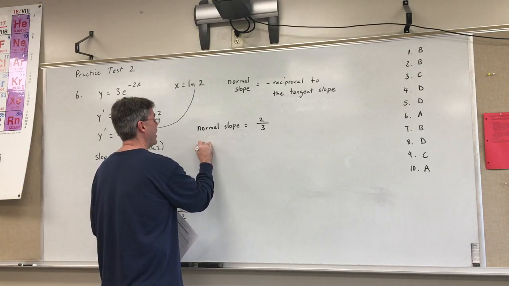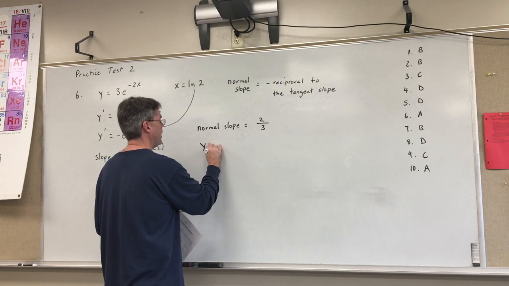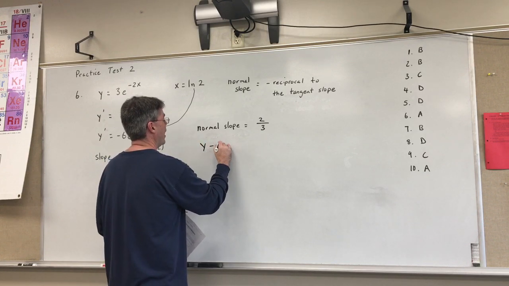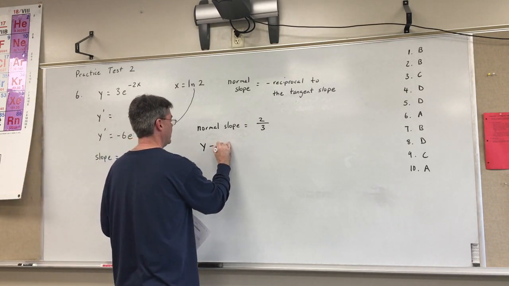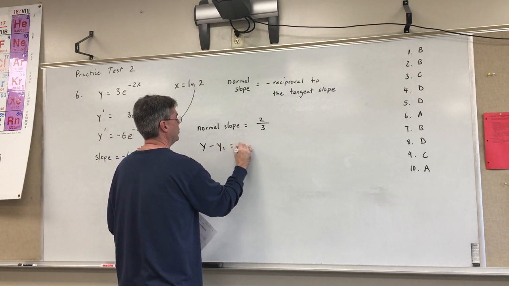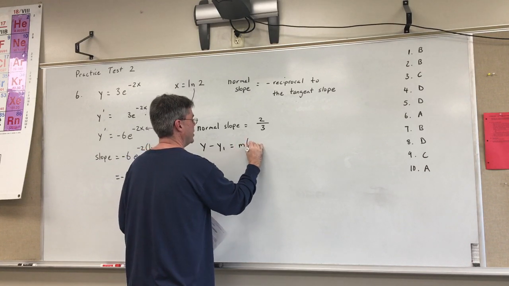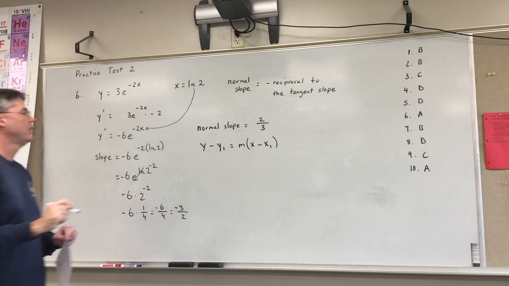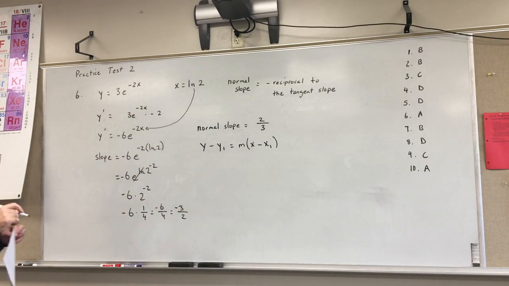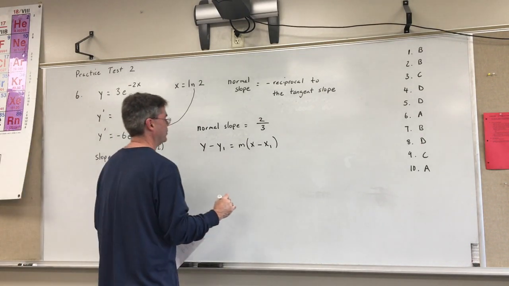So our equation of our normal line, y minus y1, is equal to the slope m times x minus x1. All right, we know that x1 is natural log 2.